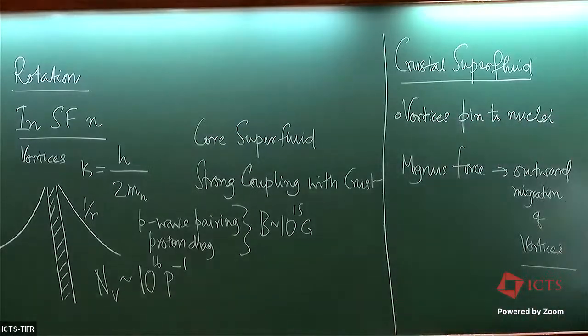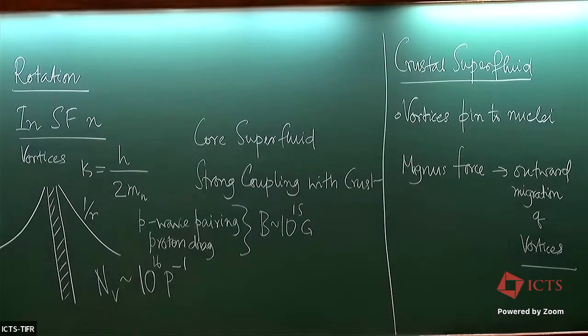But this may not happen instantly, because as I said, vortices are pinned, and it will take some minimum amount of energy or some amount of force to yank them off the pinning and then make them move.